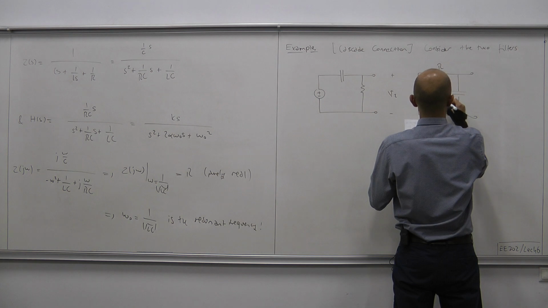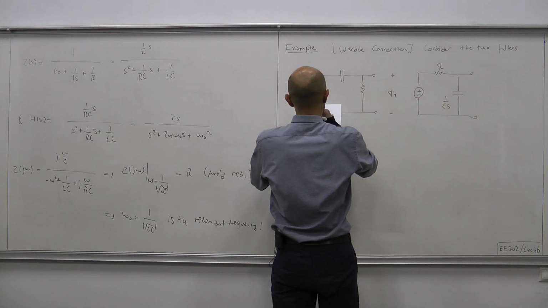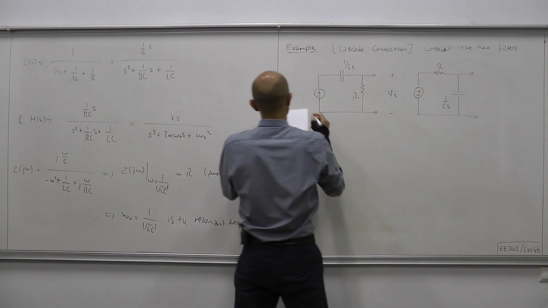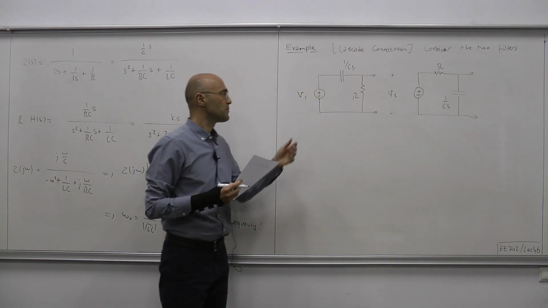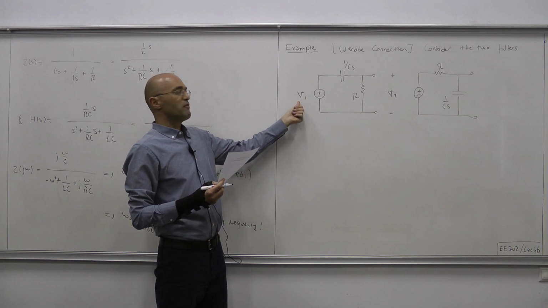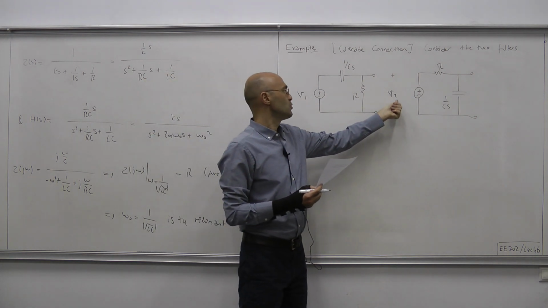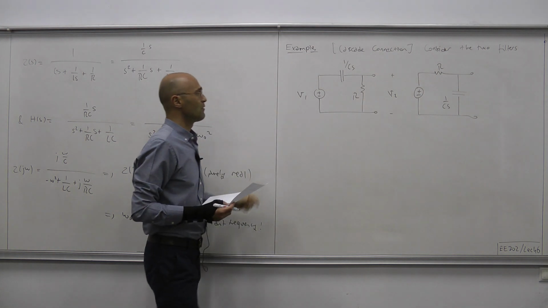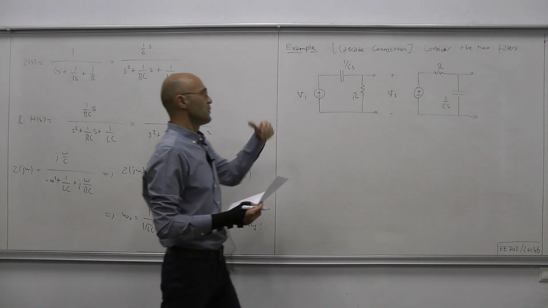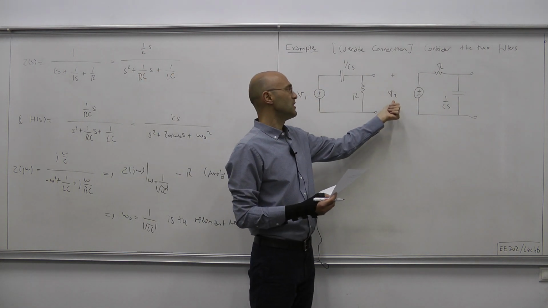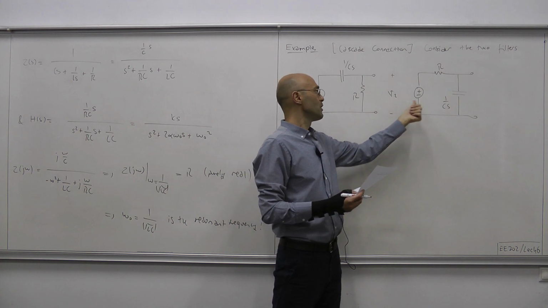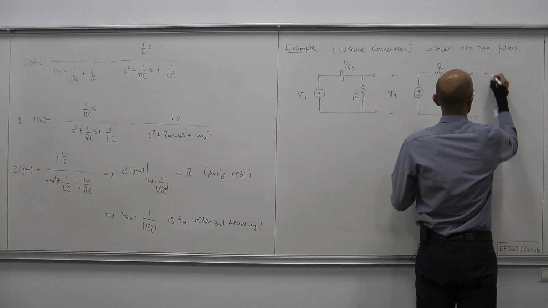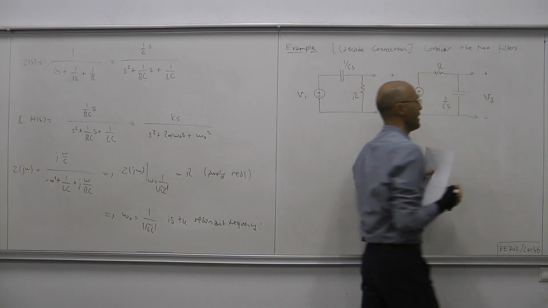Okay, R1 over CS and 1 over CS R. This is the input voltage to the first filter. V2 is the output voltage of the first filter. We also use the same notation to denote the input voltage to the second filter, and the output of the second filter is denoted by V3.